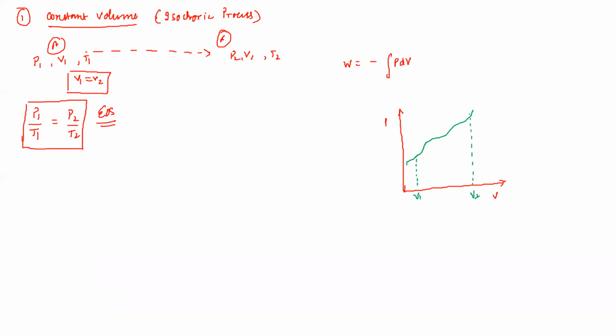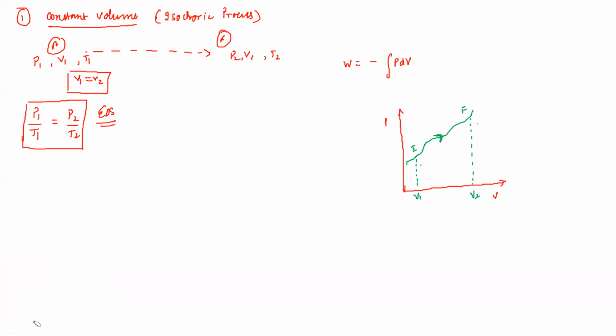Let's say that it is going from this point to this point. So this arrow signifies the direction in which the process is going. If it is going from here to here, that means this is my initial state and this is my final state. So that is your basic thing, right?